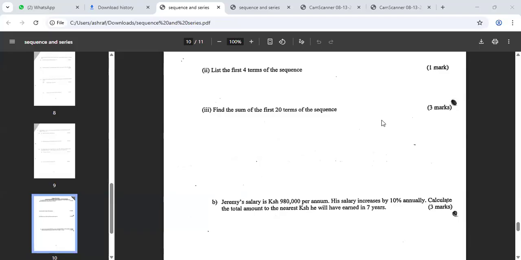A is 8 and the nth term is 5,832. So how do we get the number of terms? Abdullah, do we know the value of R?